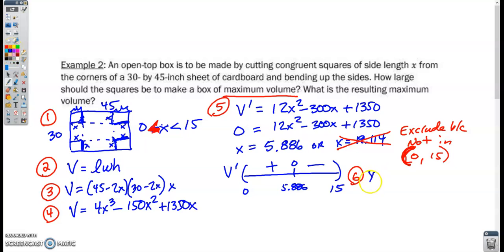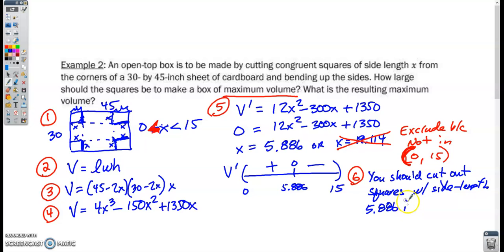You should cut out squares with side length 5.886, and my units are inches. Okay, that answers how large should the squares be to make a box of maximum volume.